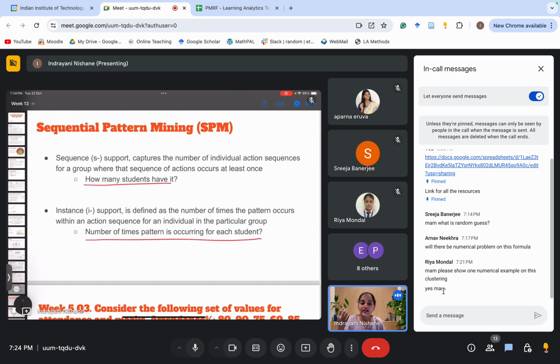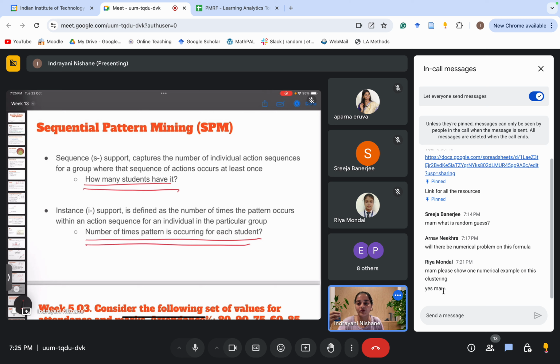So how many individuals have that particular pattern is sequence support, and for each student how many times that particular pattern is occurring is instance support, the instances of that pattern. For how many students that particular sequence occurs is sequence support. This definition will help you in solving the numericals also.